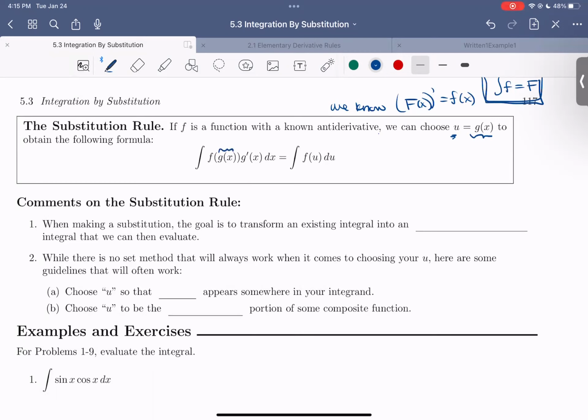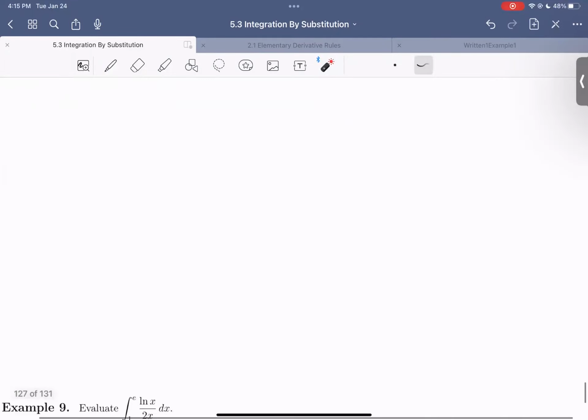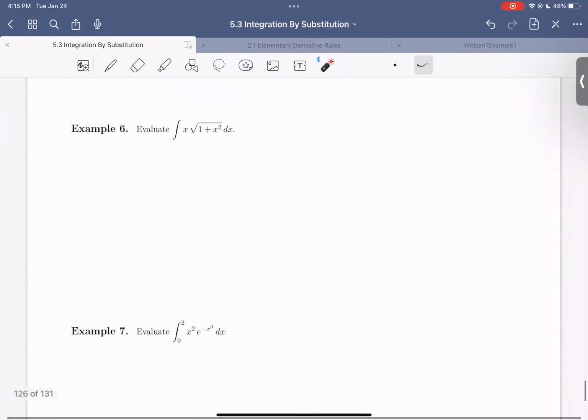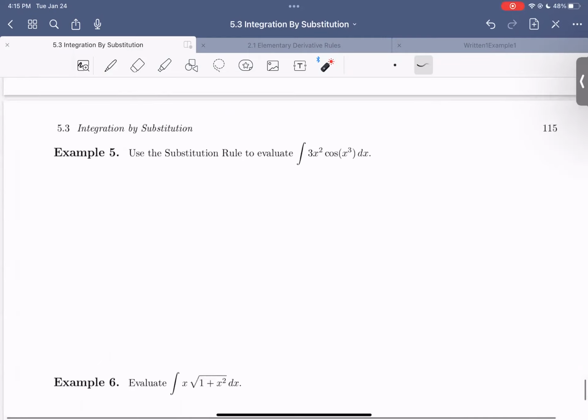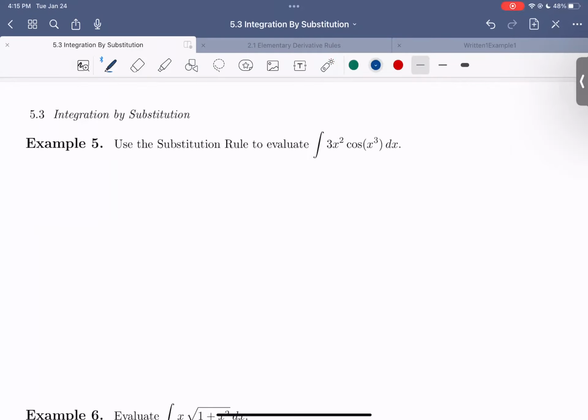Meaning if I had u substituted for g, and I had du here, then that just becomes the integral of f of u du, which is exactly what I have written here when we've substituted the u and the du. Okay, this might look a little foreign, so let's look at example 5 to really make sense of it. And the more problems like this we do, the more comfortable you're really going to feel with this substitution rule.